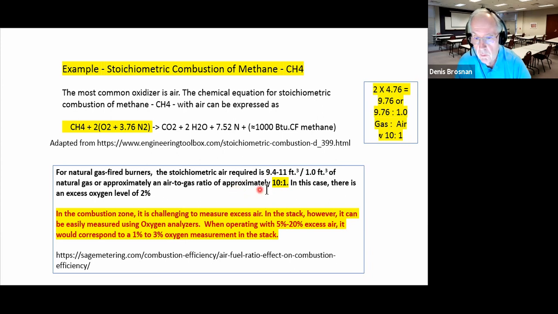And we'll just abbreviate that as 10 to 1. 10 parts of air for 1 part of fuel. And if we combust like that, we'll find a little bit of excess air in the flue gases, meaning the smokestack, about 2% oxygen. So we know at that level we have complete combustion.